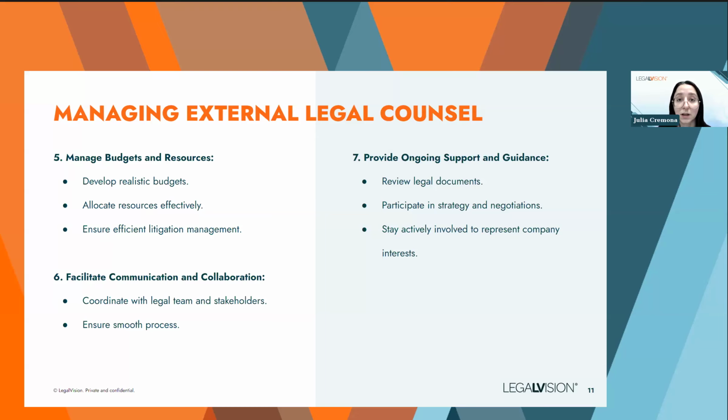Like we said, in-house counsel have quite intimate knowledge of the facts and the background of the dispute, and that can be quite invaluable. And also comments and feedback on any other legal documents. But also importantly, discussing strategies and settlement negotiations as well. That can really assist and progress the litigation process, but also ensure that the company's interests are being effectively represented each step of the way.